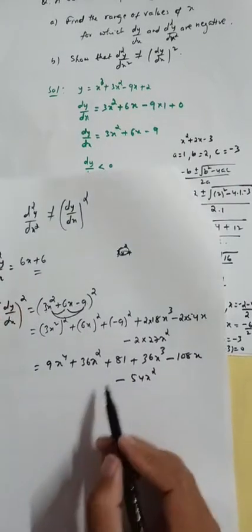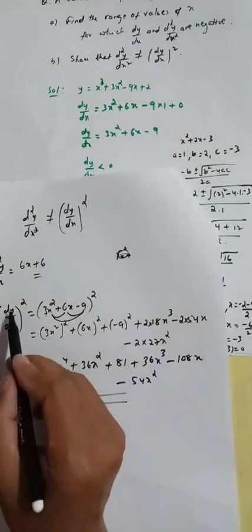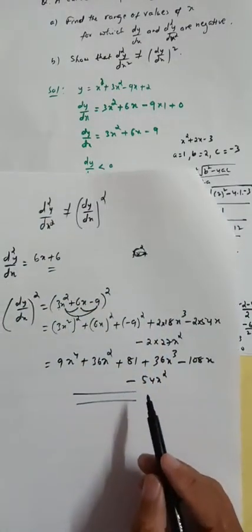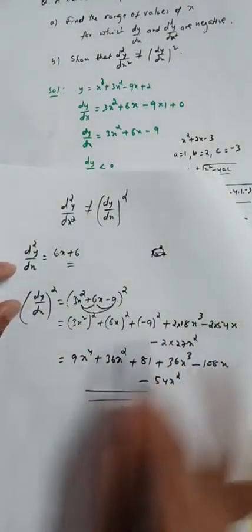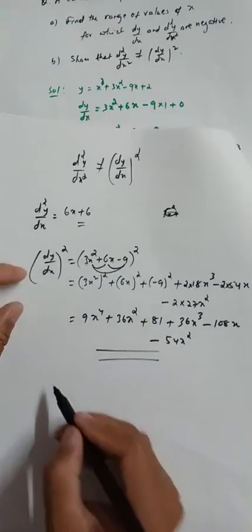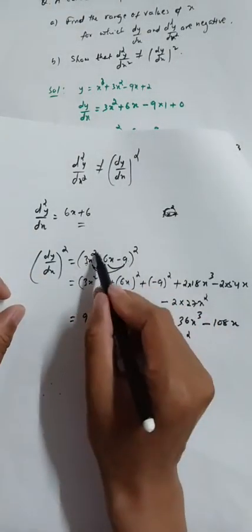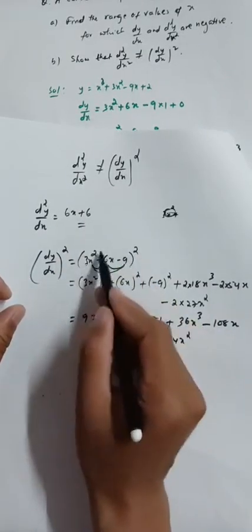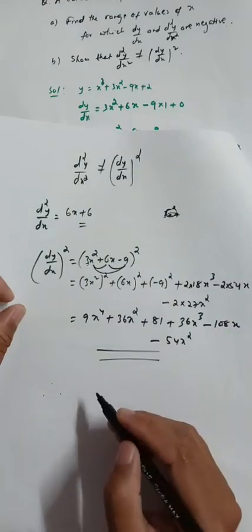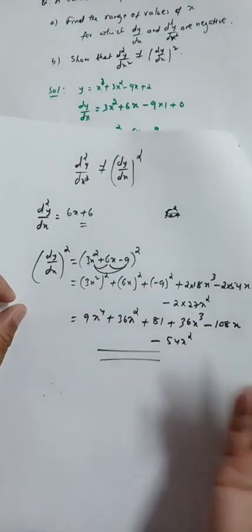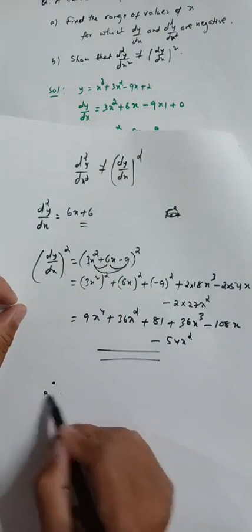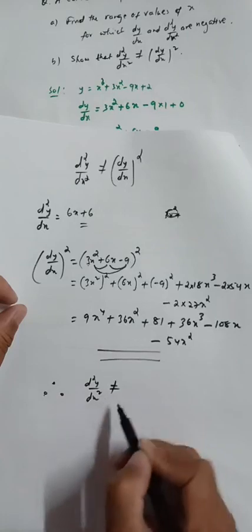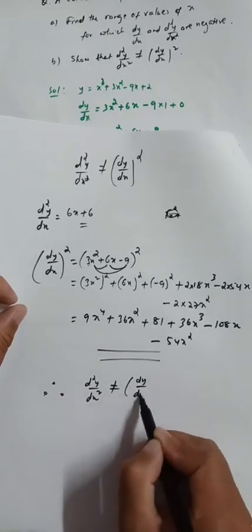So there's no way that this dy over dx whole square is equal to this 6x plus 6. When expanded, the power is 4 on one side and linear on the other, because quadratic differentiated gives linear. Therefore, the conclusion is that d2y over dx square is not equal to dy over dx whole square.